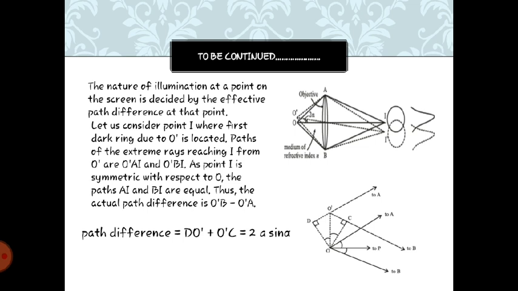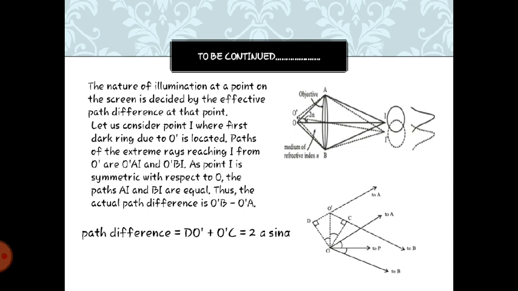From this figure, the path difference is nothing but DO dash plus O dash C, and that is twice a sine alpha. So this is all about the microscope.